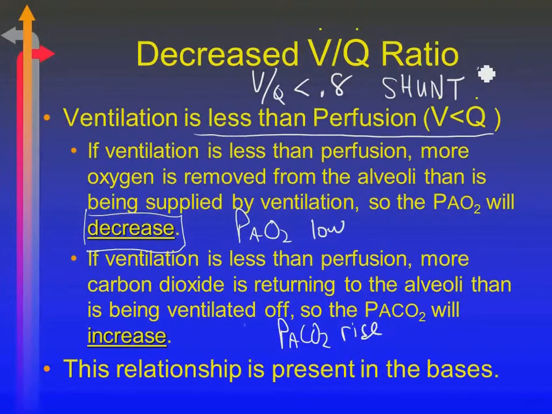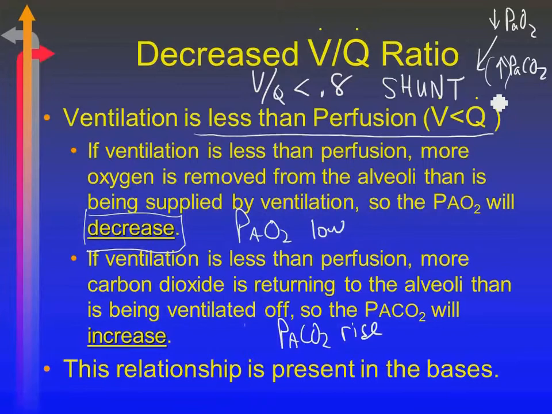So the net effect of a shunt is arterial oxygen values that are low, and to some extent CO2 values that rise. But because CO2 is 20 times more diffusible, it's not as much of an issue. Shunts cause hypoxemia.